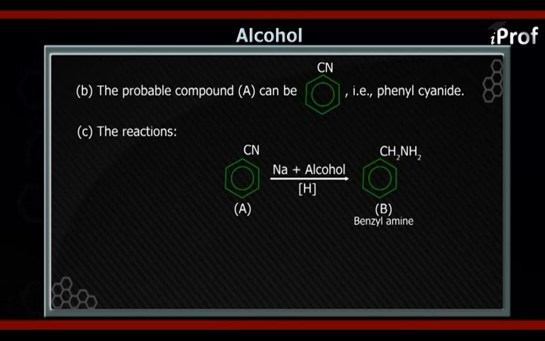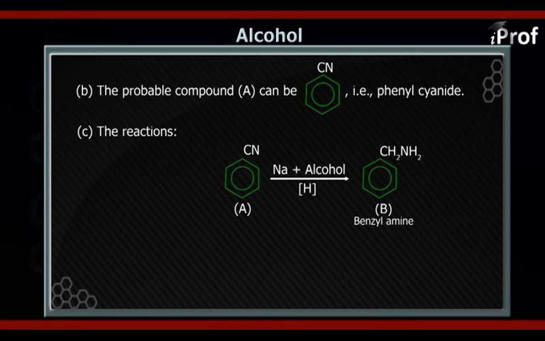That means when you add sodium and alcohol to A, that is phenyl cyanide, what you will get is B, which will be benzyl amine, whose structure is, over the benzene ring, you have CH2NH2.